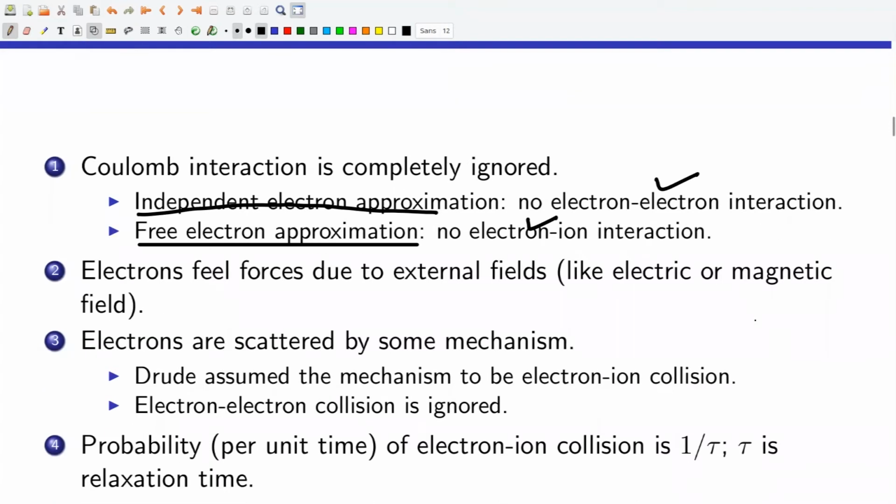Next, electrons are scattered by some mechanism. Drude assumed the mechanism to be electron-ion collision, and electron-electron collisions are ignored. Probability per unit time of electron-ion collision is 1 over tau, where tau is the relaxation time.